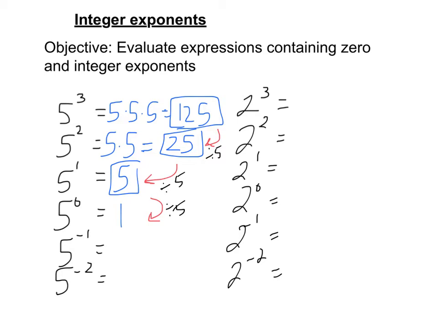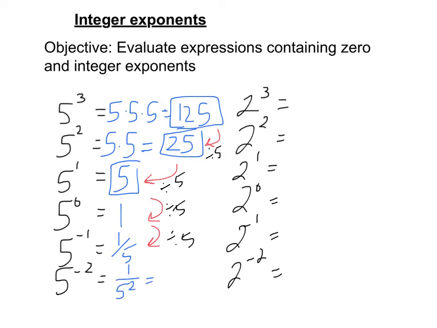If we continue this pattern, 5 to the negative 1, well, what is 1 divided by 5? It's 1/5. And so 1/5 divided by 5, you can think of that as taking this number, 5 to the negative second power, and doing 1 divided by 5 squared.